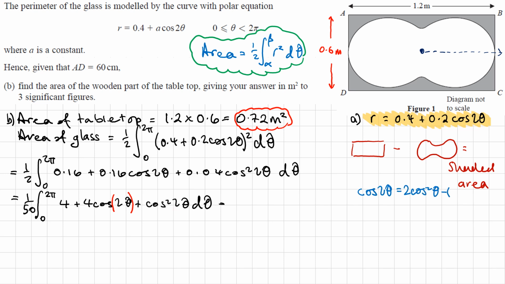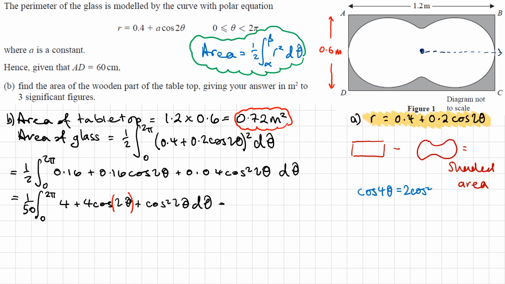So the trig identity we're going to use is cos 2 theta is equal to 2 cos squared theta minus 1. So what I'll do is rearrange this to make cos squared the subject. If I just double up the angles, so change that 2 theta to 4 theta, which means that I can change this theta here to 2 theta.